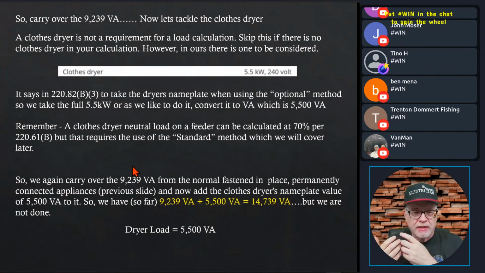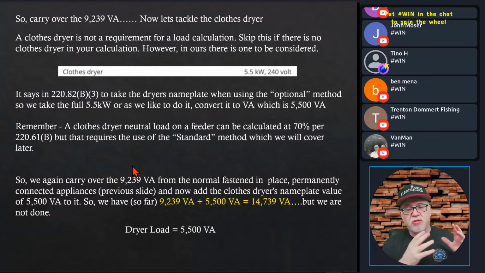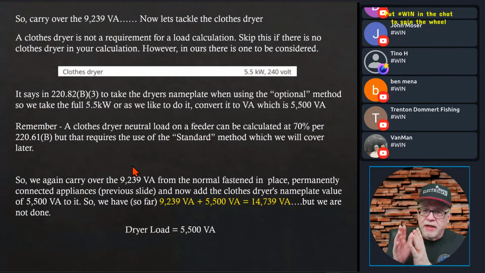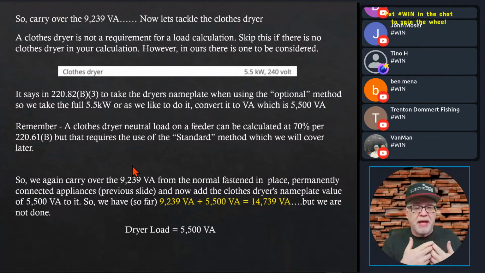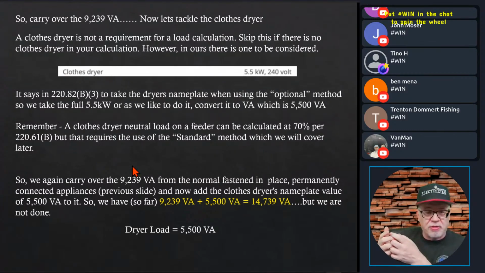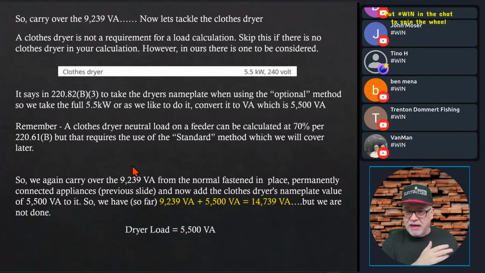Up to this point, except for the appliances where you had the water heater, everything that was 120 or 115 still is a neutral load. So you're going to take all that. But when it comes to the optional method, when I'm doing the calculation for the neutral, remember, I'm going to use the standard method for the calculation for the neutral, not the optional, the standard method, which we calculated, okay? So you're going to have a neutral calculation.